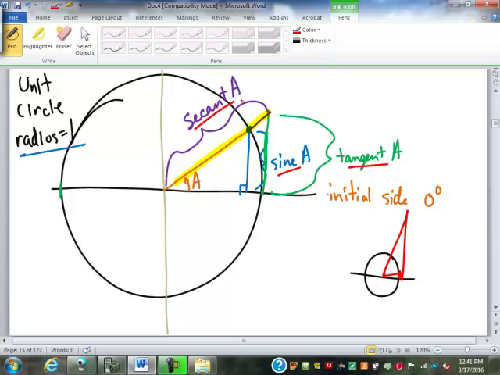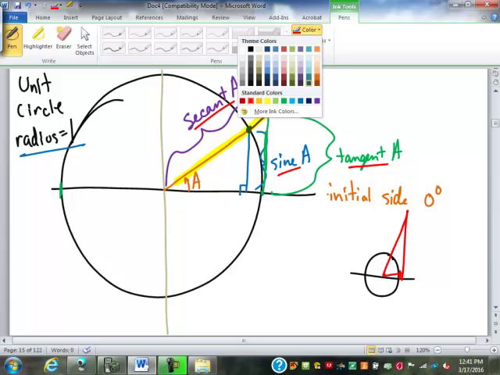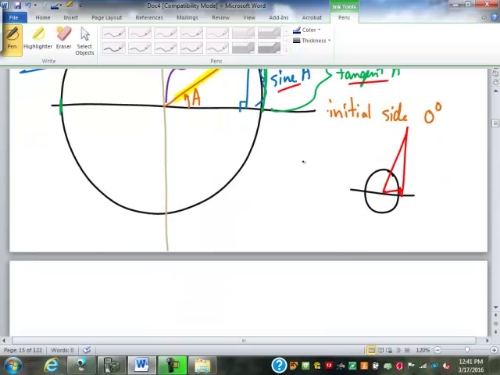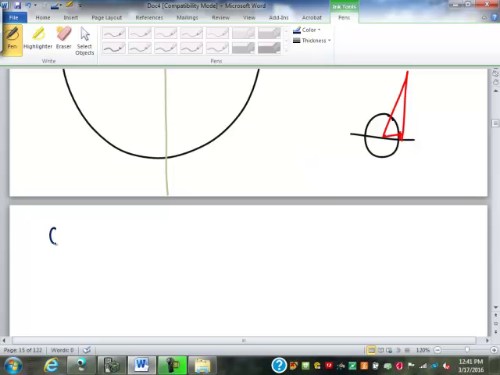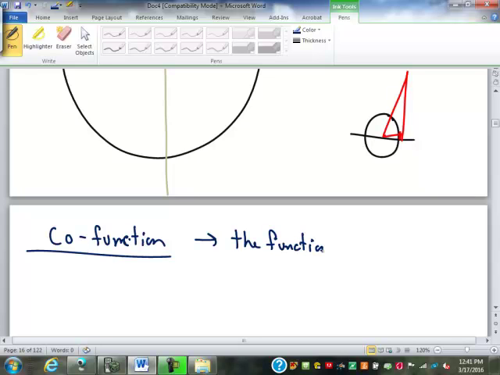Now, I heard somebody mention the word cosine, and probably a lot of you are thinking, hey, we were taught it was sine, cosine, and tangent. What's going on here? What is a cosine? Well, cosine is a member of what we call the cofunctions. A cofunction is the function on the complement.